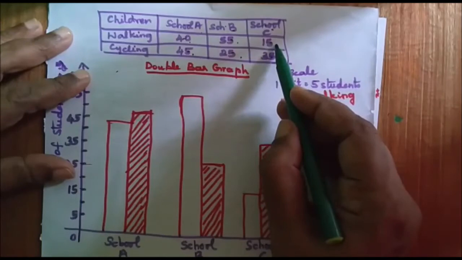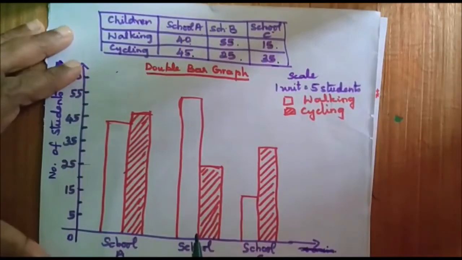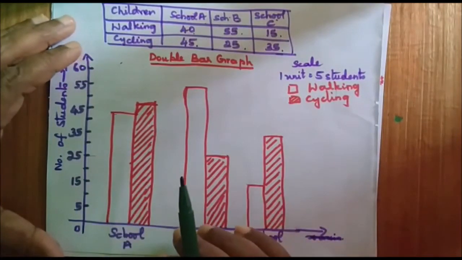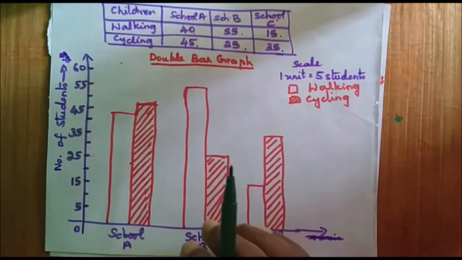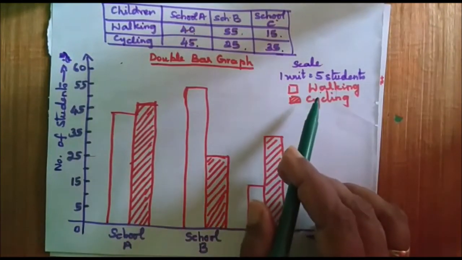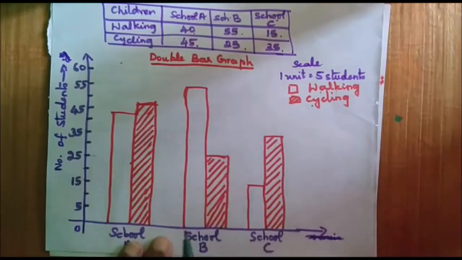School C walking is 15 and cycling is 35. We can represent this data in a double bar graph. That is, in the same bar graph we represent both the people who come by walking and the people who come by cycling. So this is how we represent it in a double bar graph.